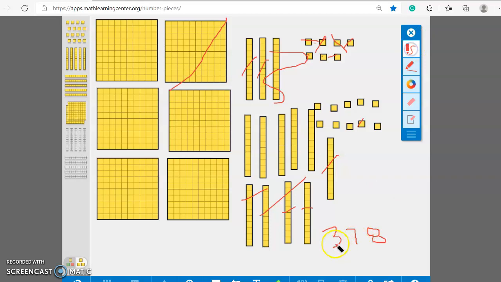So now we have to deal with subtracting out 300. That'll leave us with 259.